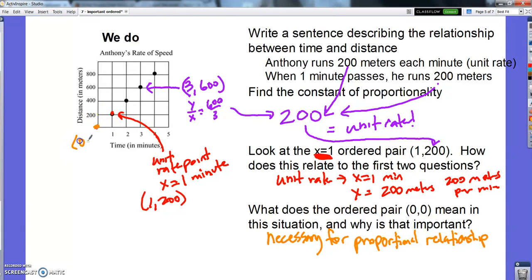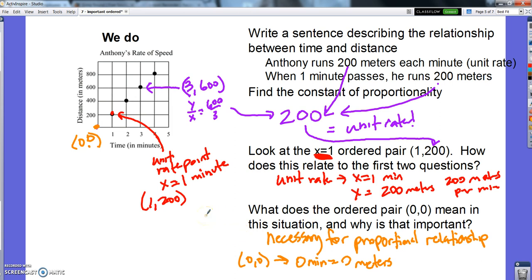What it means is 0 minutes equals 0 meters, right? It's a logical point in a proportional relationship: in any proportional relationship, when there's 0 of one thing, there's 0 of the other, or you don't have a proportional relationship. All right.